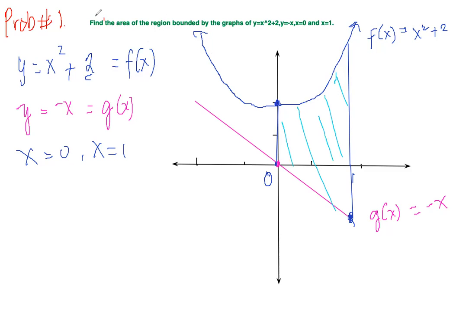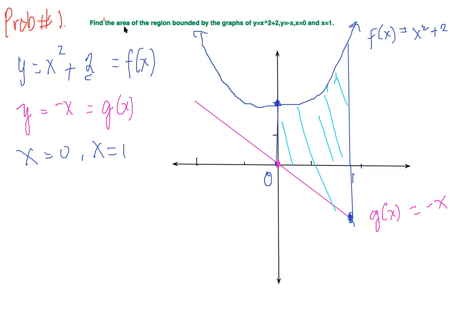Now again, for us to determine the area, of course, we need to use the rectangular strip, right? The vertical rectangular strip, and let's identify that here. Let's assume that the rectangular strip can be found somewhere here.